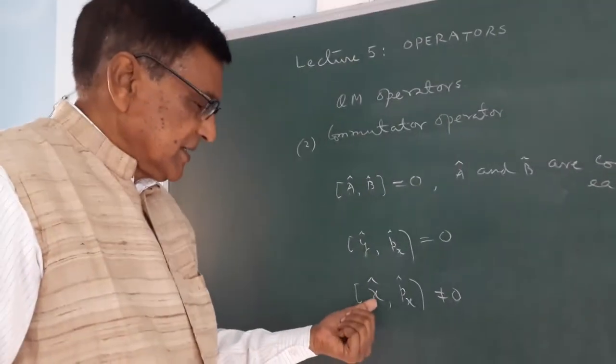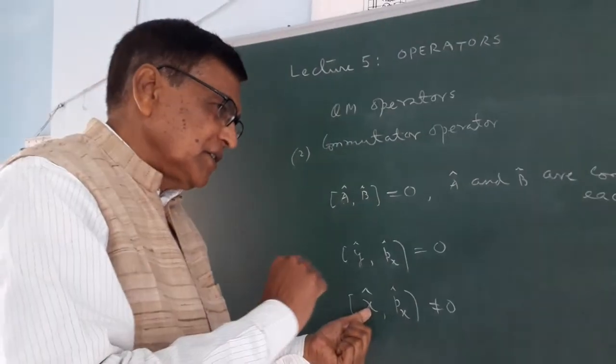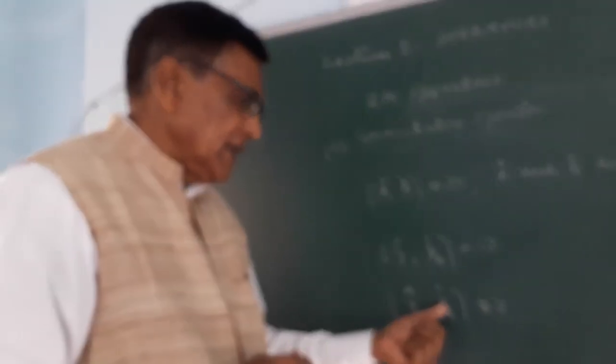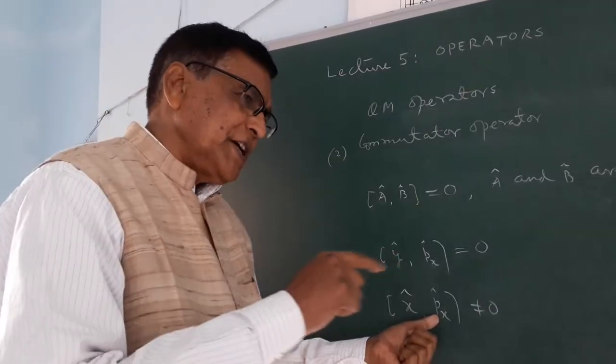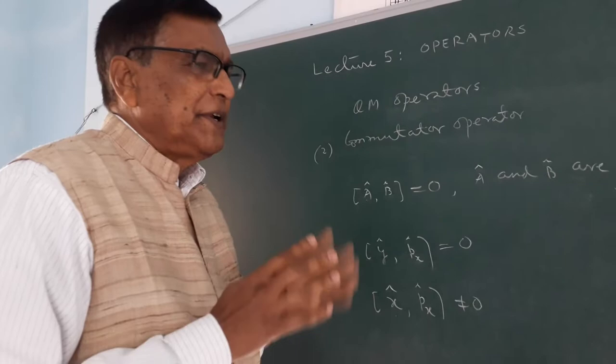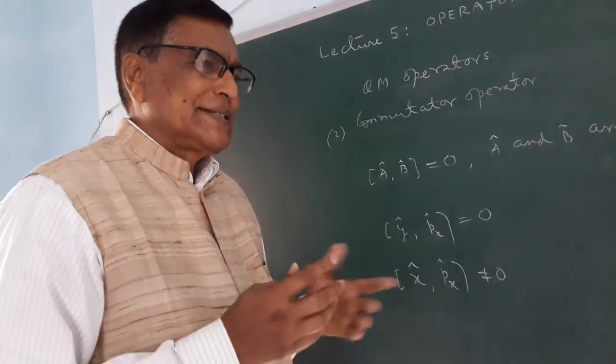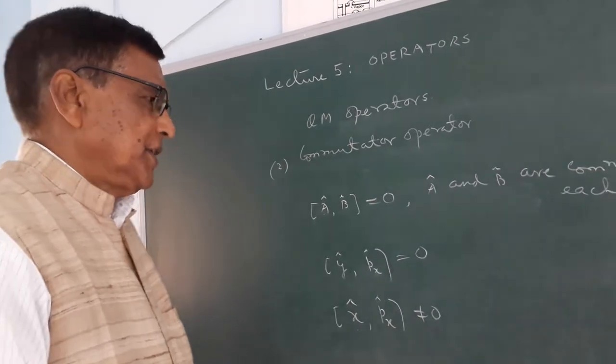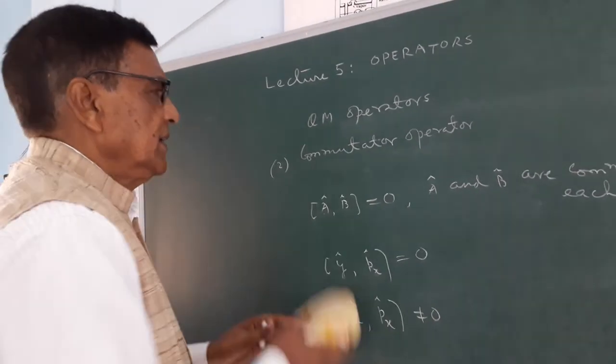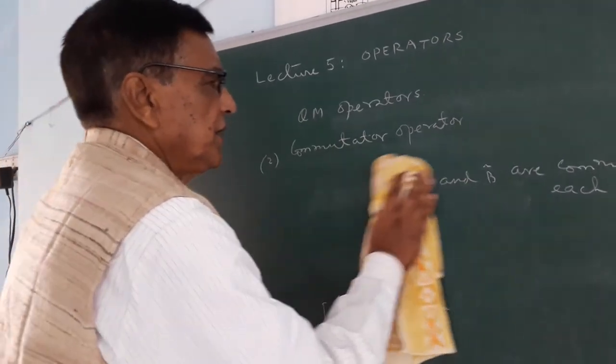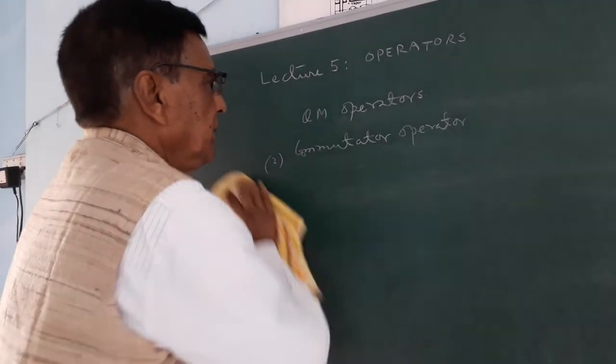In this case, the position along the x-axis and the linear momentum along the same direction cannot be determined accurately and simultaneously beyond a certain limit. So this is the relevancy of the commutator operator in quantum mechanics.